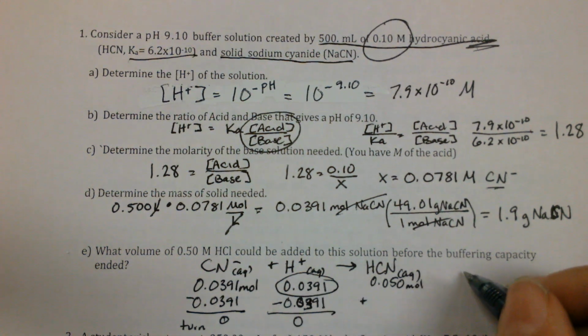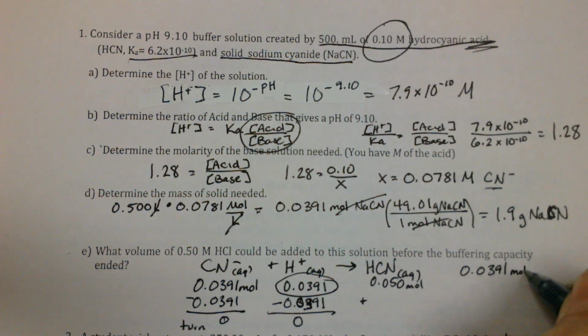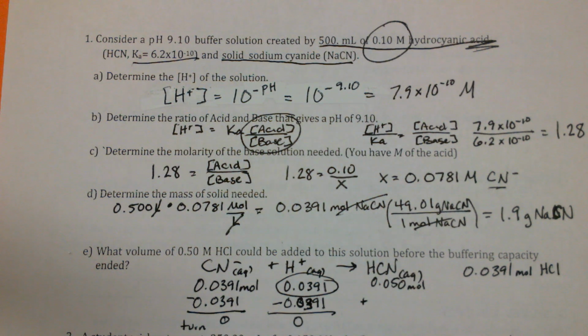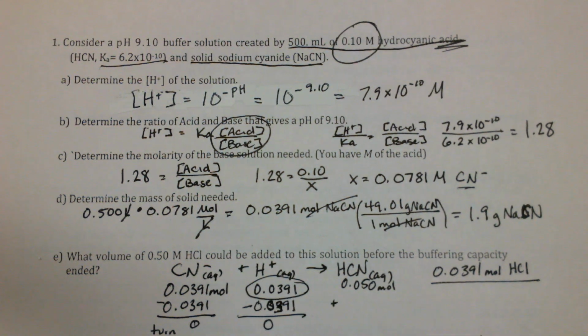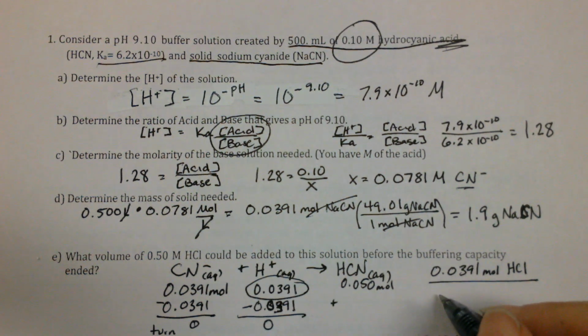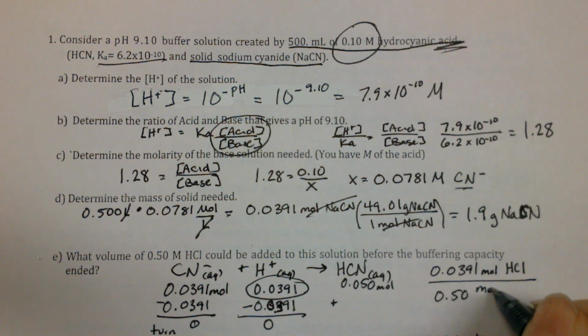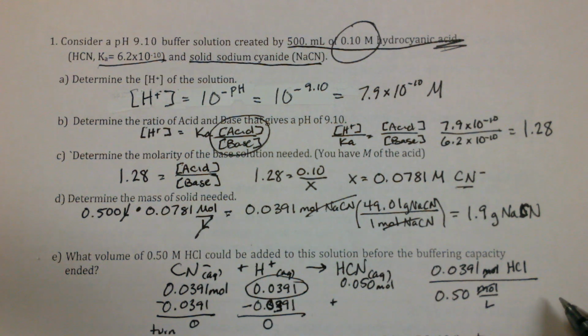I know that I need 0.0391 moles of HCl. And when I have moles and I need a volume, that is a matter of taking the moles and dividing by the molarity, because that is moles over liters, so my moles would end up canceling out.